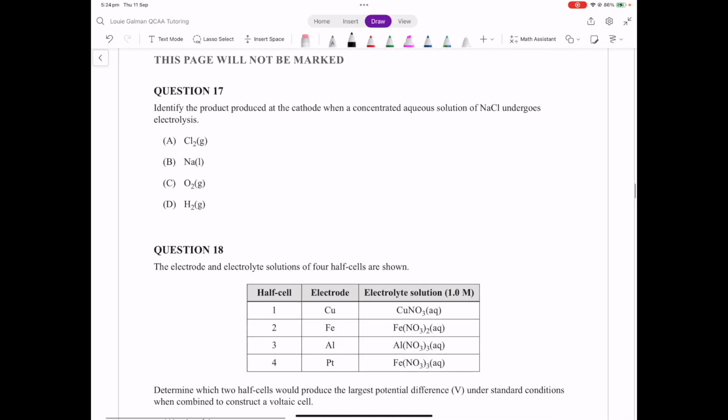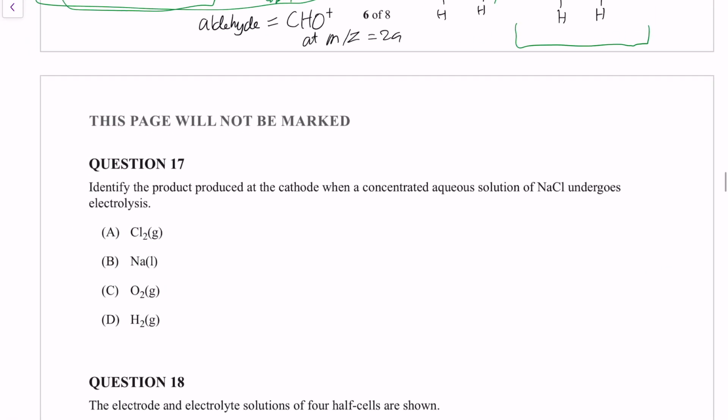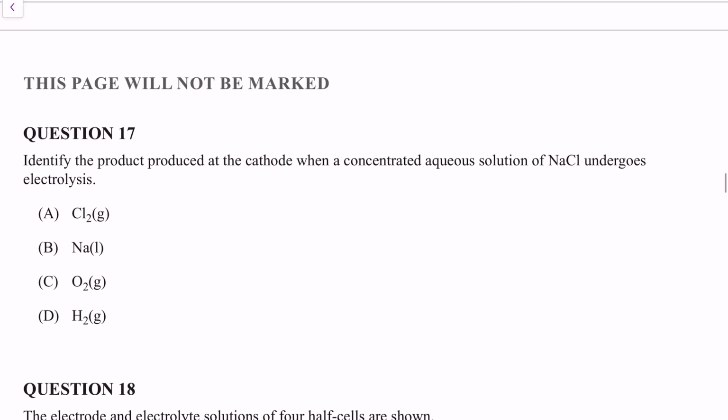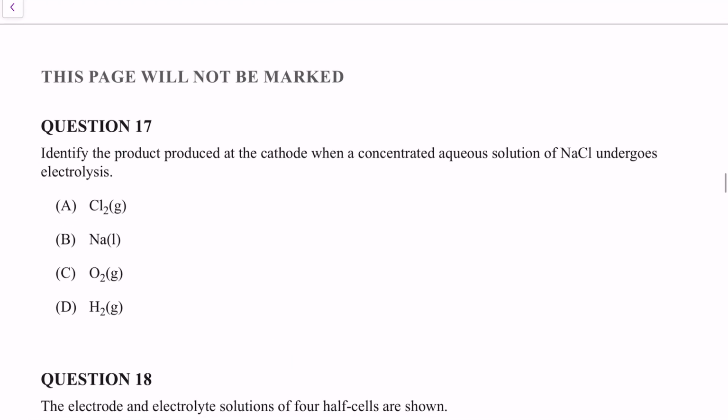All right, so question 17: identify the product produced at the cathode when a concentrated aqueous solution of NaCl undergoes electrolysis. Okay, so what really does the electrolysis of NaCl involve?